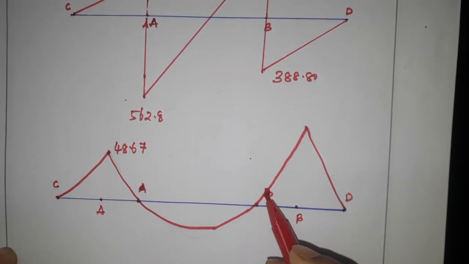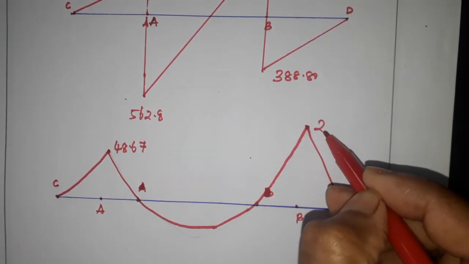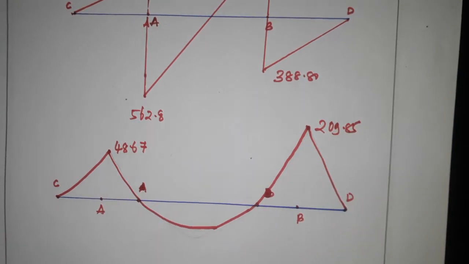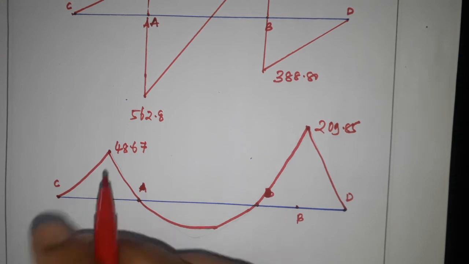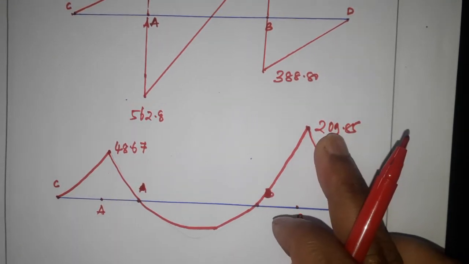You have to make a correction here. At A the measurement is 48.67, and at B the measurement is 209.85.